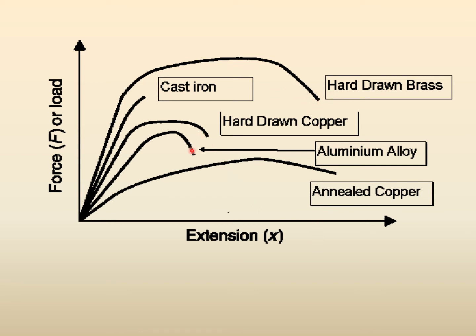The ductility of this and this is much lower than this one. This is very ductile but low strength. This is less ductile, it finishes only here compared to here, but its strength is higher. So strength is not related to ductility.